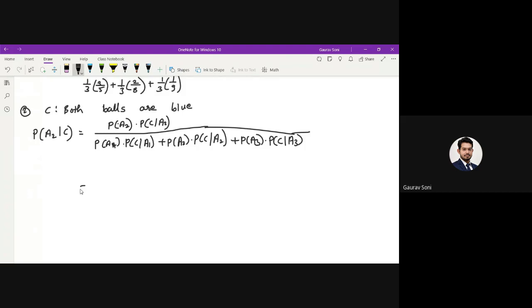Put in the values and tell me the final answer. You will need the probability of C when A1 has occurred, when A2 has occurred, and when A3 has occurred. What are the probabilities?